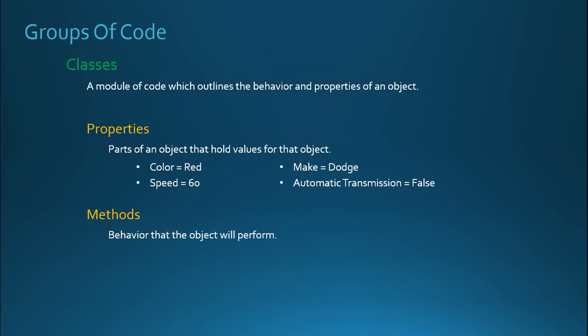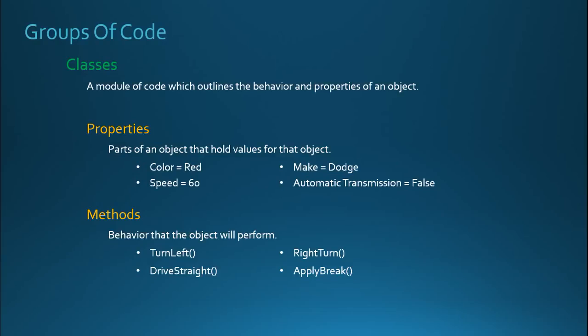Methods are the behavior that the object will perform, like turn left, turn right, drive straight, and apply brake. These are different behaviors that the car will perform when you tell it to do it. That's just an example of what you would find in a class. Like I said, we're going to get into classes much further down the road, but I just want you to get a general idea that you're going to have classes with properties and methods.